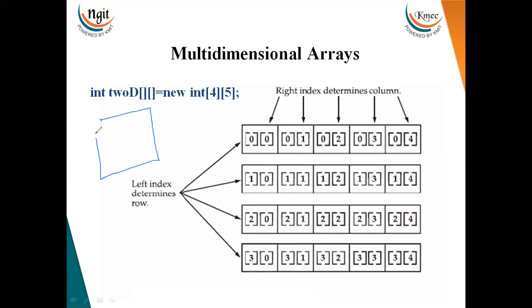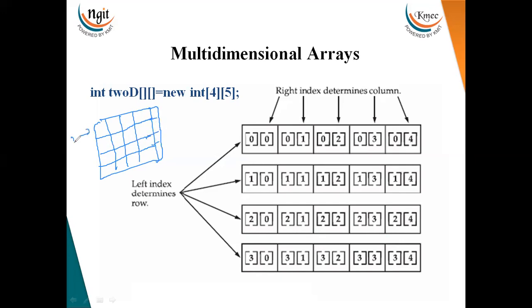So it will be represented like this. How many rows? There are 4 rows, right? And 5 columns, 1, 2, 3, and 4, right? Then followed by 5 columns, like this, right?